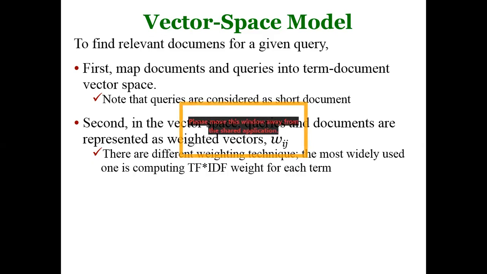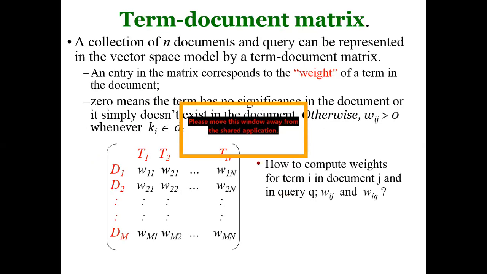After the term document matrix is constructed, the matrix will be filled with weights. And as we said, the weight that we are using for measuring the importance of the term for representing a given document is the non-binary weight.